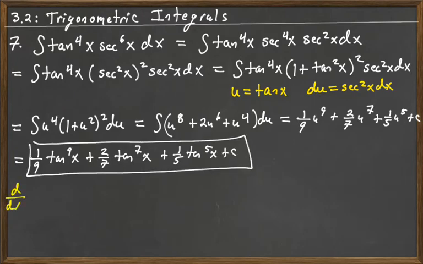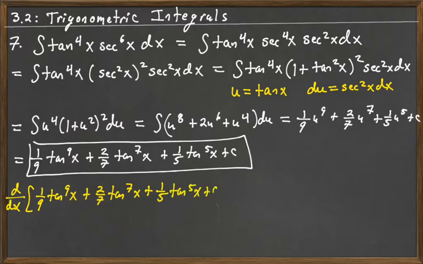We can go ahead and verify that this is in fact the correct antiderivative by taking the derivative and seeing that we do get the original integrand. So write that all in there, and we'll take that derivative. It's going to give us tangent to the 8th x and a secant squared by the chain rule, plus 2 tangent to the 6th x and a secant squared by the chain rule, plus tangent to the 4th x and a secant squared by the chain rule.